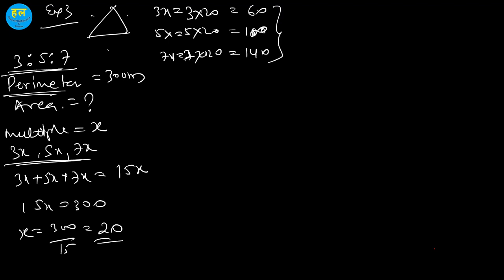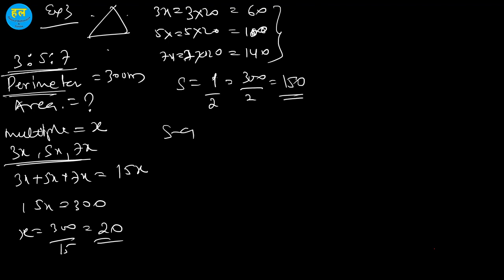To find the area of triangle, we need to have S. S is perimeter upon 2, that is 300 divided by 2 is 150.